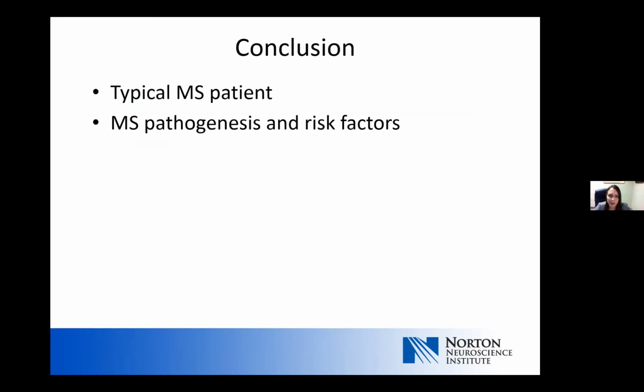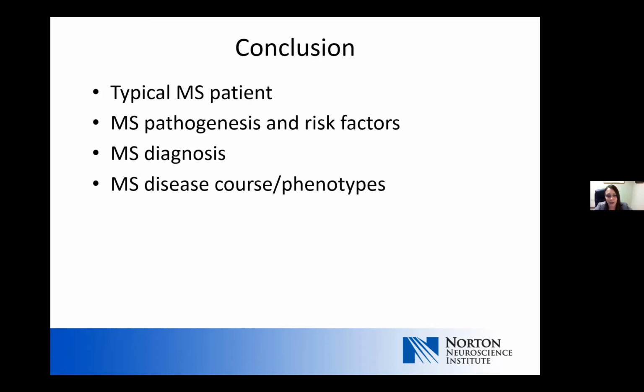We talked about MS pathogenesis and the risk factors associated with multiple sclerosis. We talked about how we make the multiple sclerosis diagnosis. We talked a little bit about the MS disease course and different types of multiple sclerosis, so relapsing MS versus progressive MS.